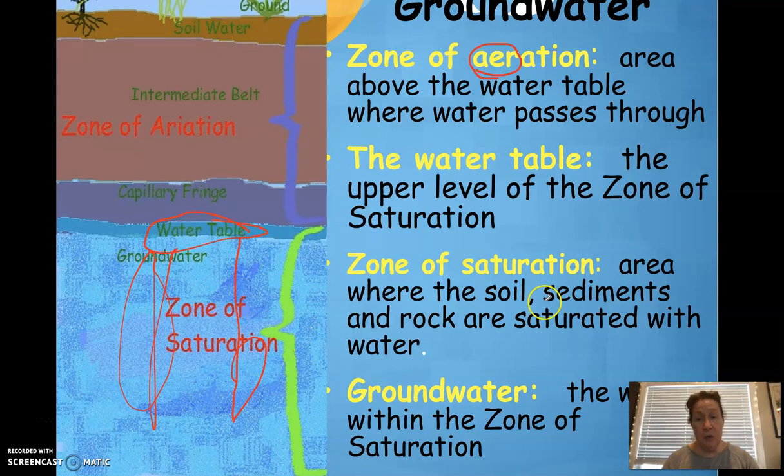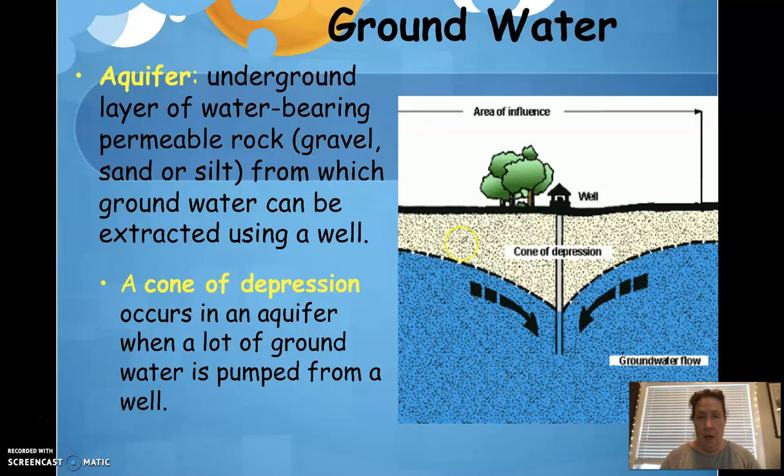So the zone of saturation is where all the water is trapped into the soil down below or into the rock layer. Okay. Groundwater, again, how our water is stored. They're stored naturally in things called aquifers. And basically down below, like right in here is all this water.